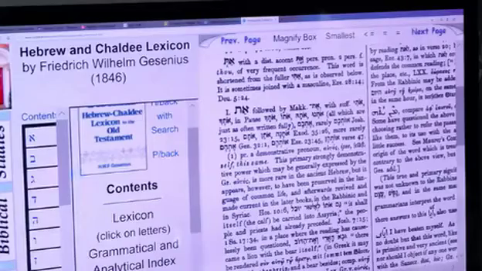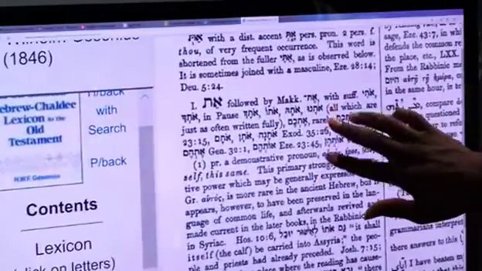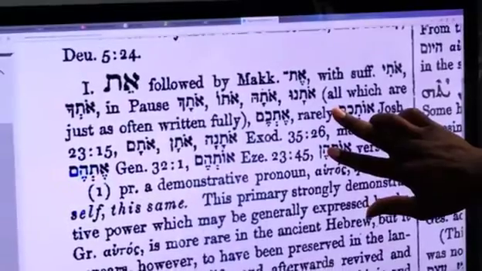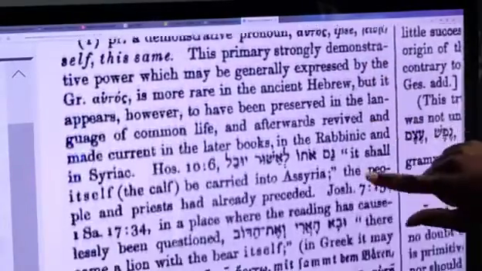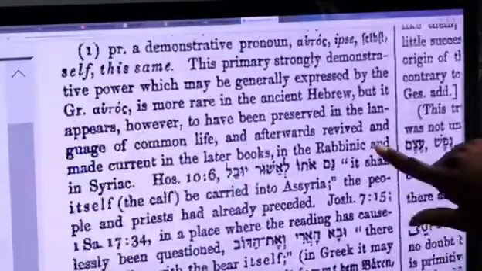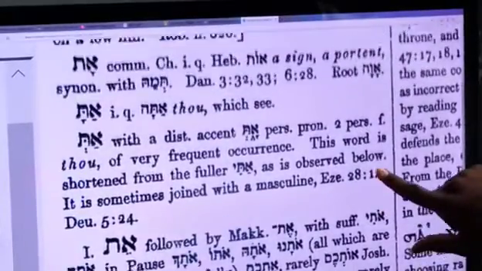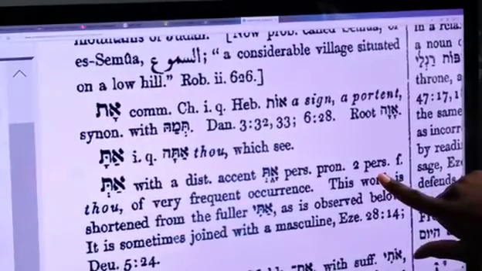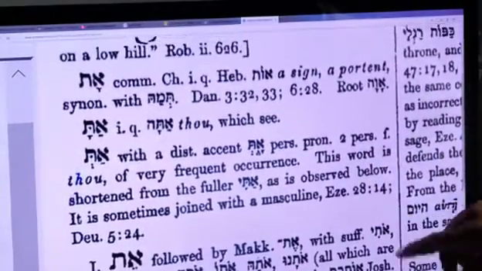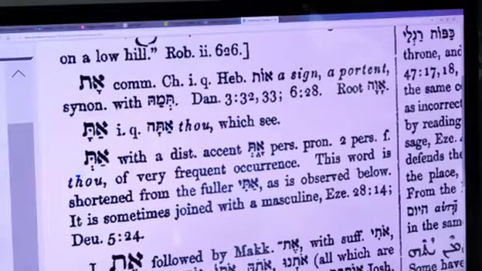So let's see here. Let's see if this is at, the feminine form. Okay, so they have it here, the feminine form.